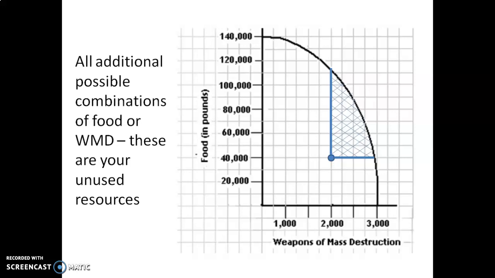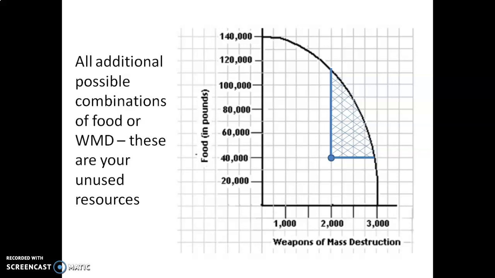So, the last part of the question, and this is the part that a lot of students fail to quite grasp, asks you to shade in all of the possible combinations of additional food or WMD that are possible. Basically, that shaded in area is going to represent the unused resources if we're at 40,000 pounds of food and 2,000 WMD.